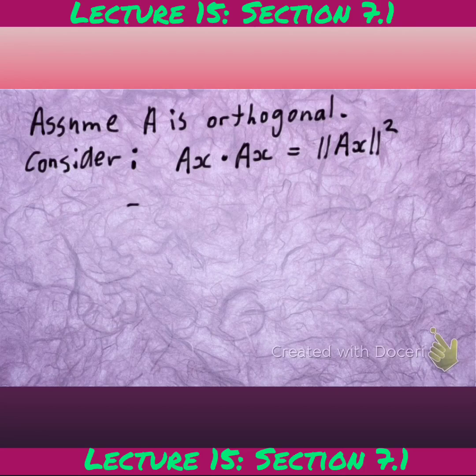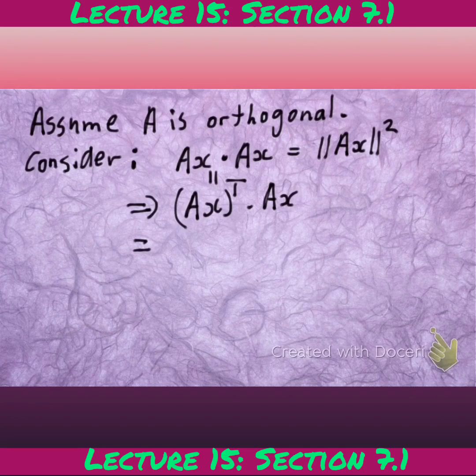Right, now that can be written in matrix multiplication notation. So you take the column vector AX, take the transpose and matrix multiply that with this column vector AX.